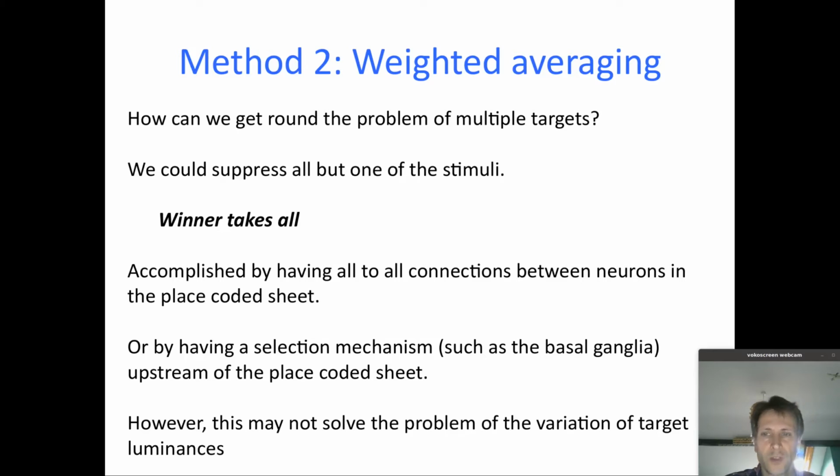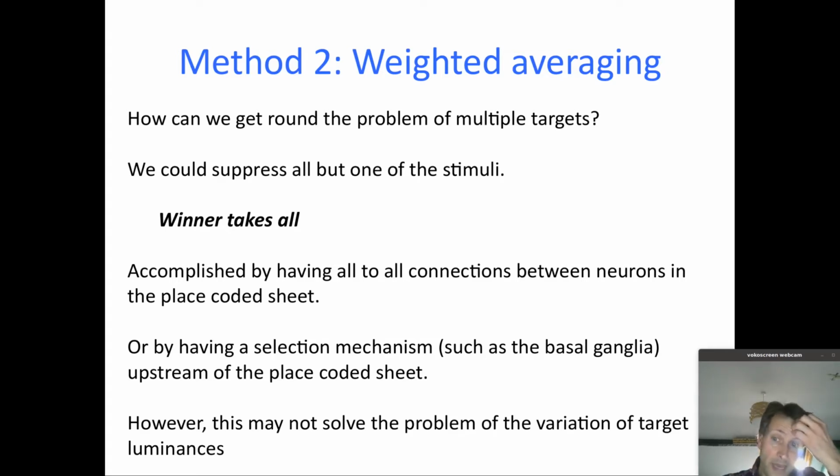Once you've got a winning neuron, that's the single neuron which, if you allow it to saturate at some maximum firing rate, can then drive the muscle using its weighted connection to the output neuron. You do this by having connections between neurons within the input layer, the place-coded sheet.